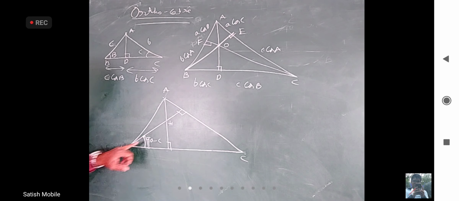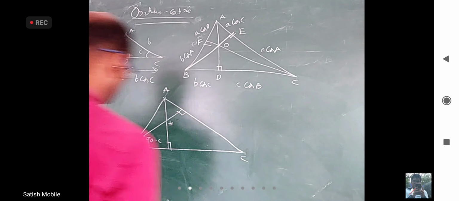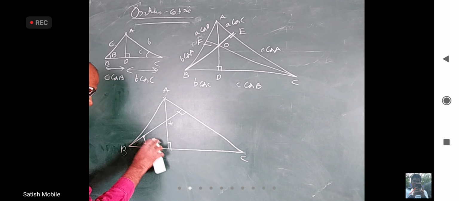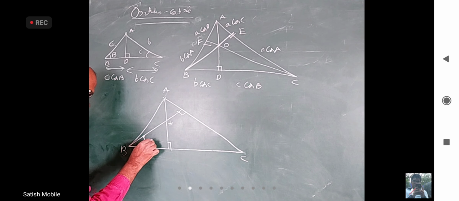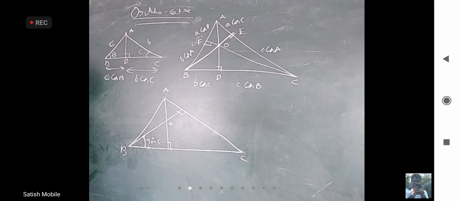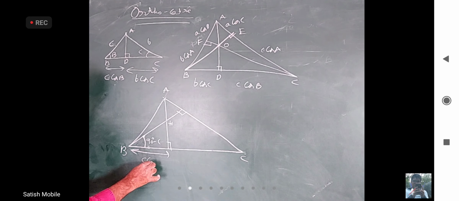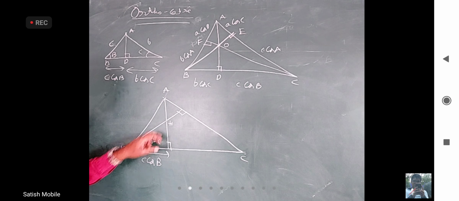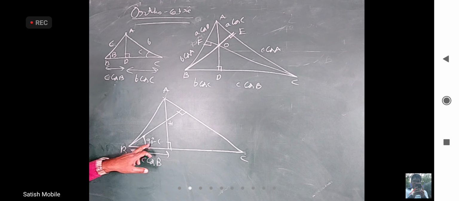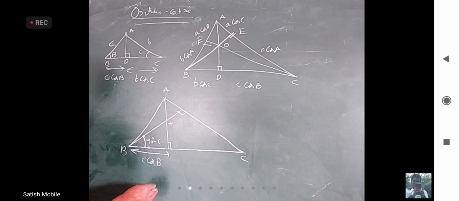So this angle is 90 minus C. Next, already this length we got in this figure as C cos B. If I take tan, I'll get the opposite side, and if I take cos, I'll get the adjacent side. That's how I will know BH length and HD length.